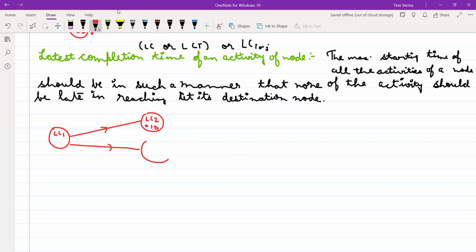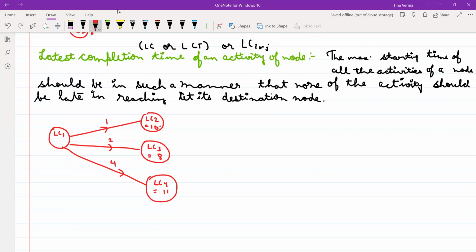The latest completion time of third activity is given as 8. The latest completion time of fourth activity is given as 11. To reach from here I require 1 unit of time, 2 units of time, 4 units of time. So when I should start this activity LC1 so that I can reach there at 10 units of time.